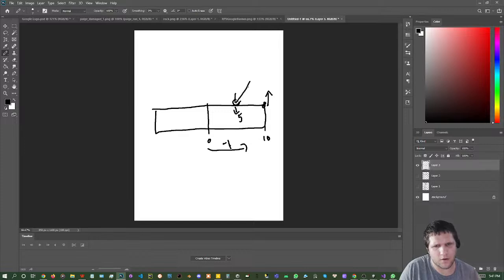So it's going about here. So the degree here is negative 22.5 as the ball goes up.